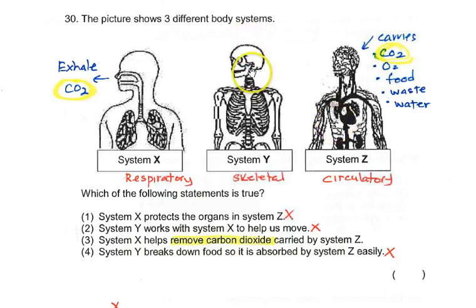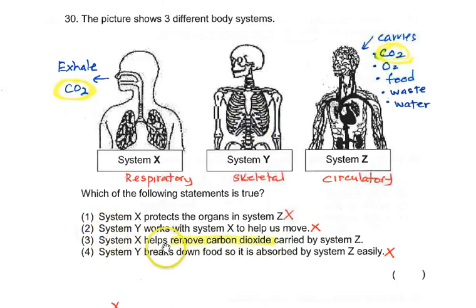Totally wrong. It should be somehow this. Okay, this skeletal system does the protection of some organs in the body. So 1 is wrong. System X works with System Y to help us move. To help us move, we need skeletal and muscular system. The muscular system is not here. All right, so System Y with the muscular system. So 2 is not right.